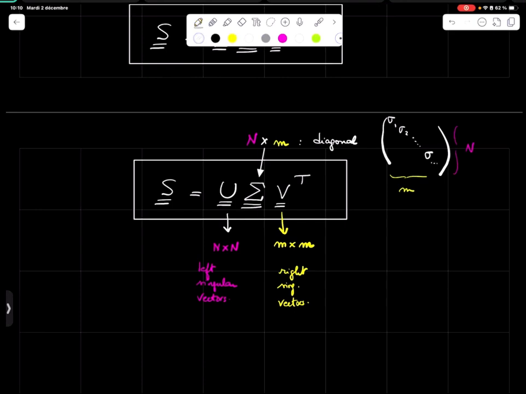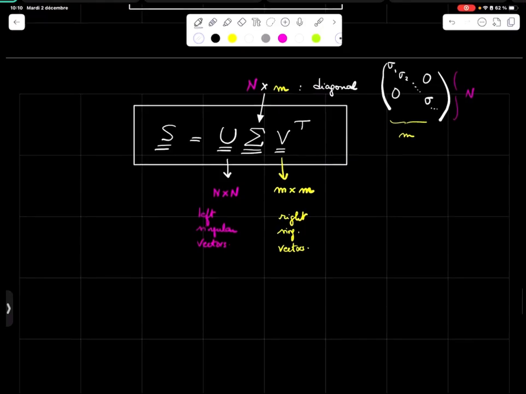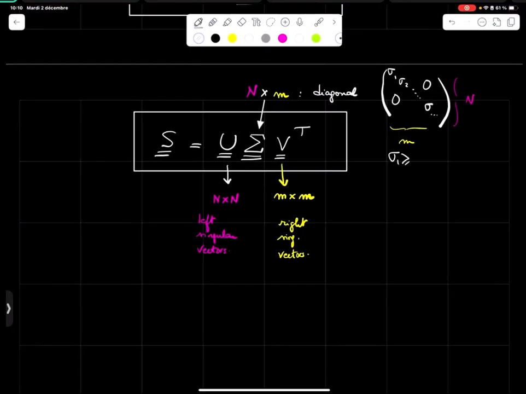Now we have these singular values, and we can order them. Normally for eigenvalues, this is called lambda 1, lambda 2, lambda n. Here it's called sigma 1, sigma 2, and so on. We can order them such that sigma 1 is greater than or equal to sigma 2, which is greater than or equal to sigma 3, and so on, down to 0. They're all positive on the diagonal, and that's what gives you the importance.